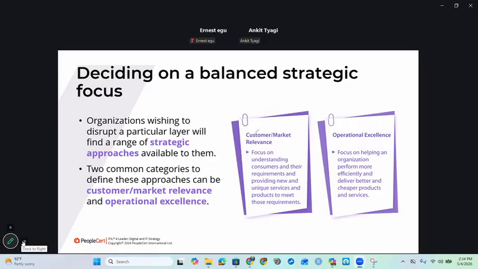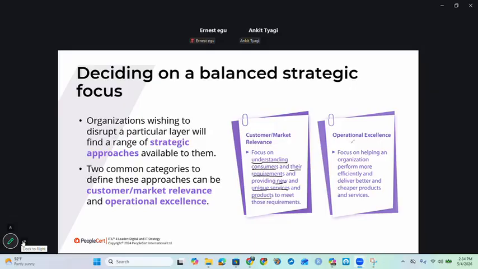Customer or market relevance focuses on understanding consumers and their requirements, and providing new or unique services and products to meet those requirements. So here the focus is on the customer or the market: how quickly the market dynamic is changing, how quickly the customer requirements are changing.